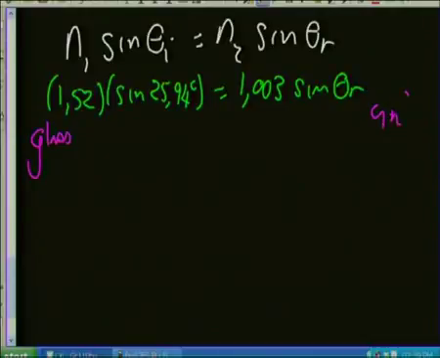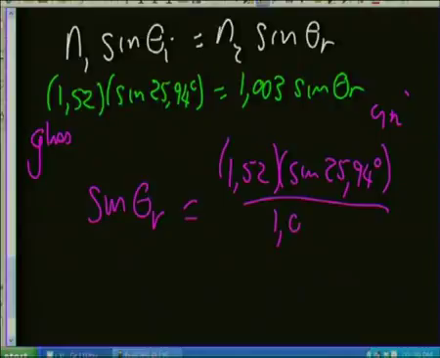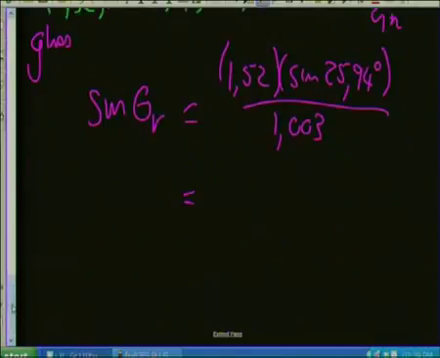So let's find out what sine theta R is. We're going to change the subject of the formula: 1,52 times sine of 25,94 degrees, and we're then going to divide that by 1,003. Let's see where we go.